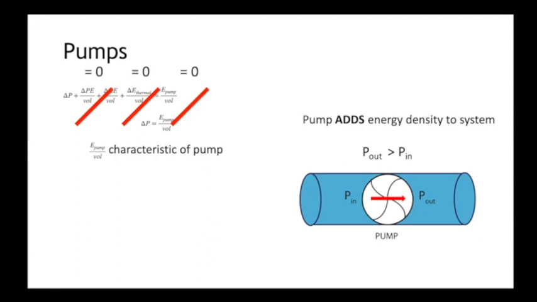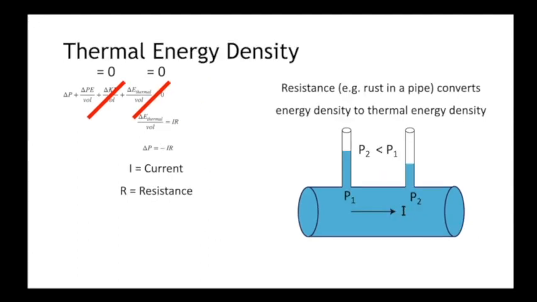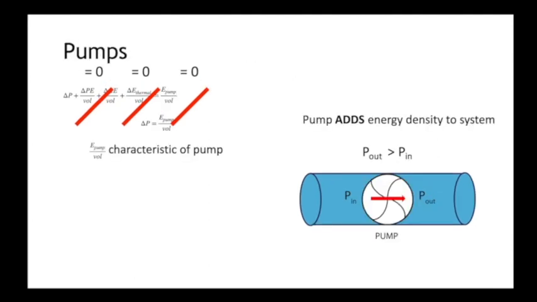So our delta P going from one side to the other in the direction of the flow, assuming the pump is oriented that way, we'll just get an addition of energy density. Yeah? Because there is resistance, it's dissipating some of that pressure, spending some of that energy density on resistance. Whereas the pump is just adding.